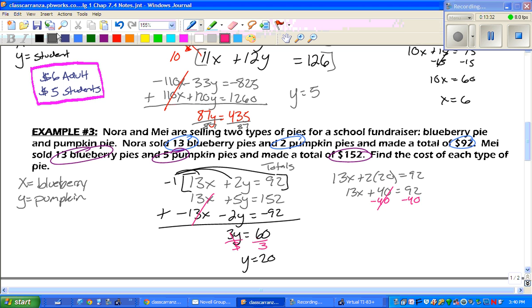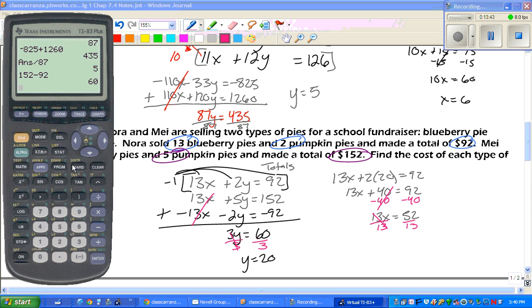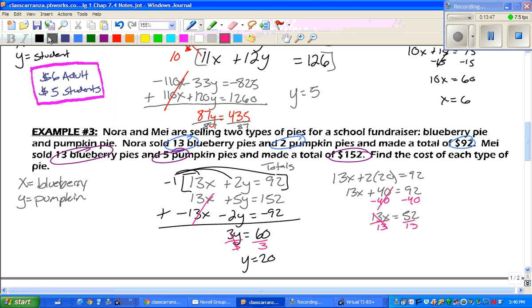Okay, we're just solving right now, guys, so this should not be difficult. 13x equals 52. Divide both sides by 13. And just to double check, 52 divided by 13 gives us a grand total of 4. So x equals 4.